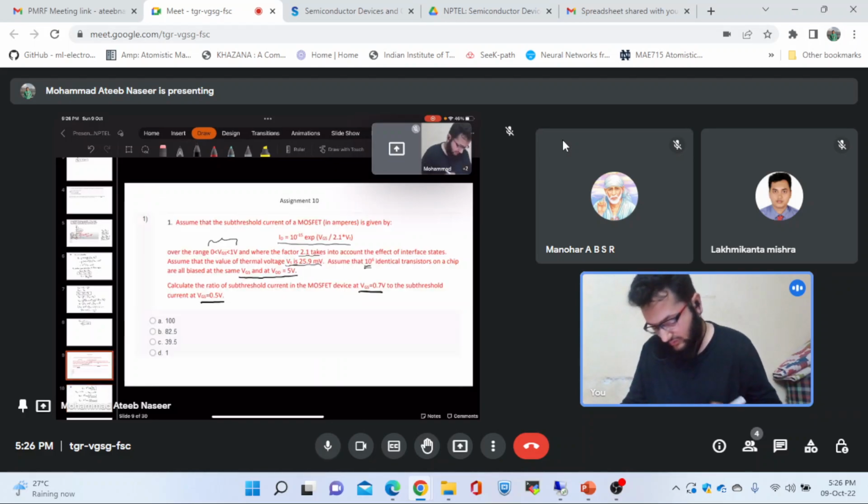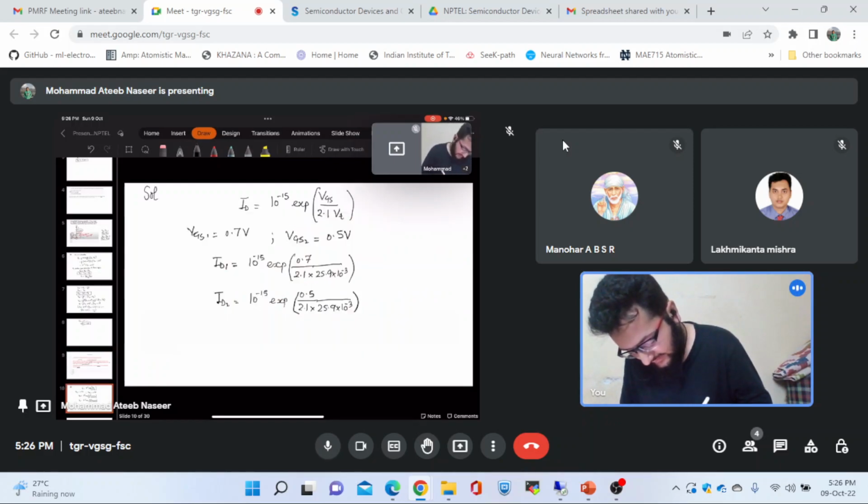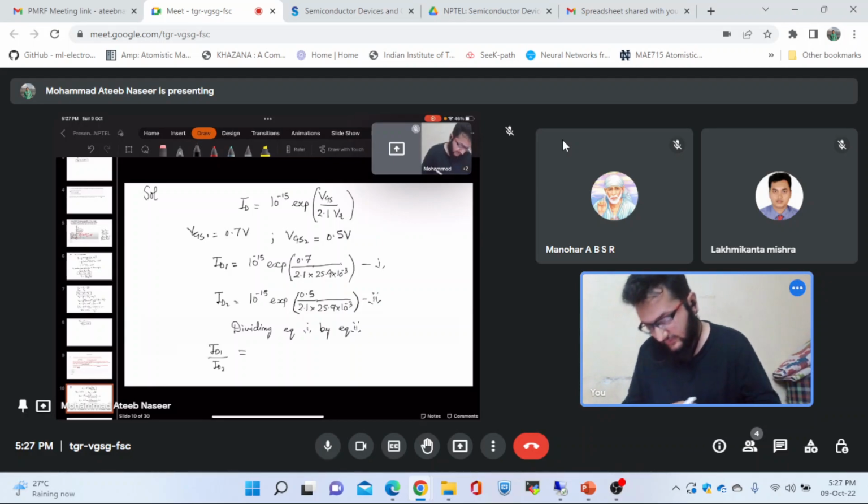Now we have been told to find the ratio of the subthreshold current in the MOSFET device at the two voltages, that is VGS equal to 0.7 and 0.5. So let us name this equation 1 and this as 2, dividing equation 1 by equation 2. So it will simply be ID1 by ID2. Let me cancel these factors.